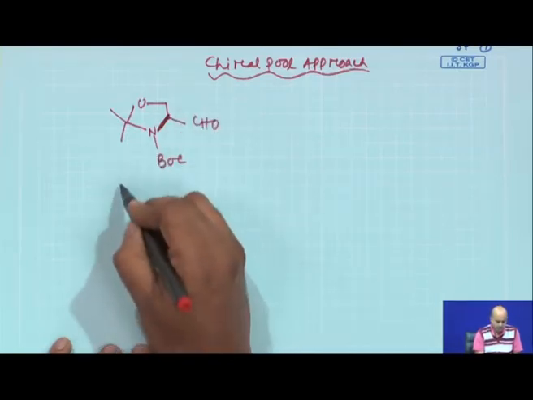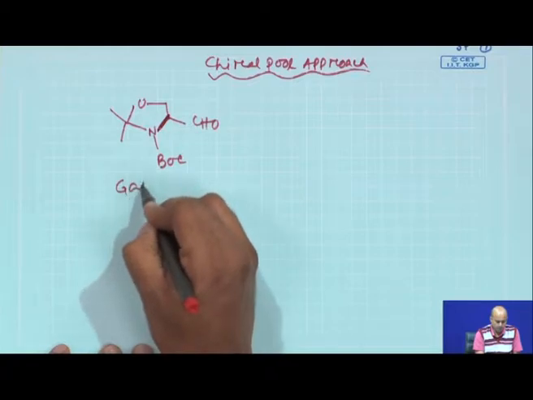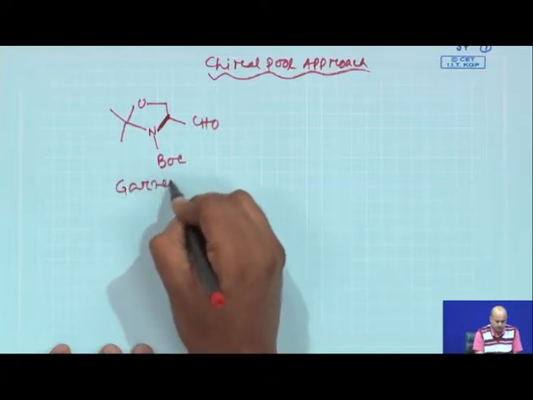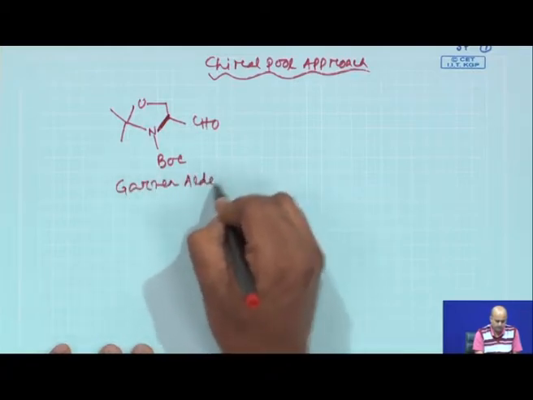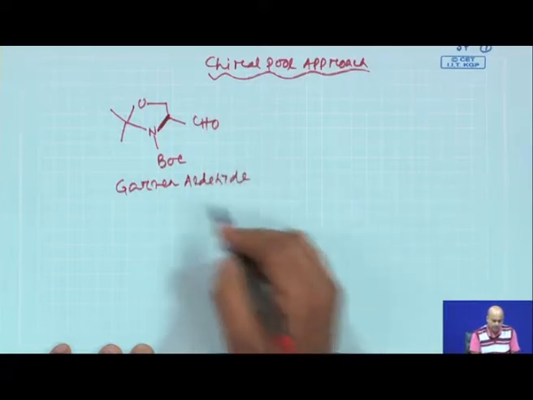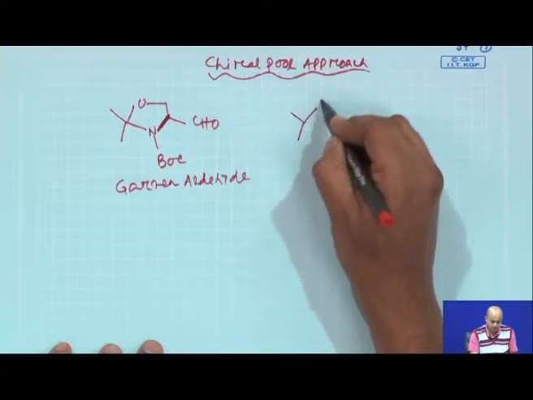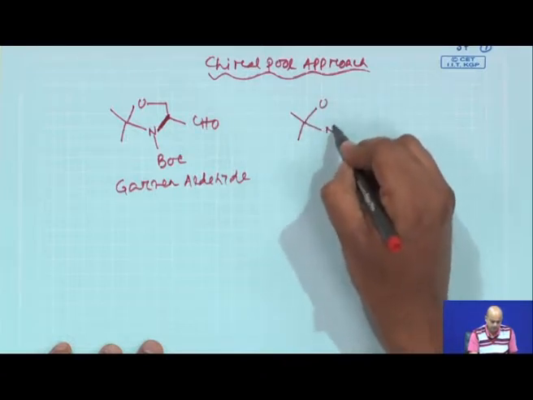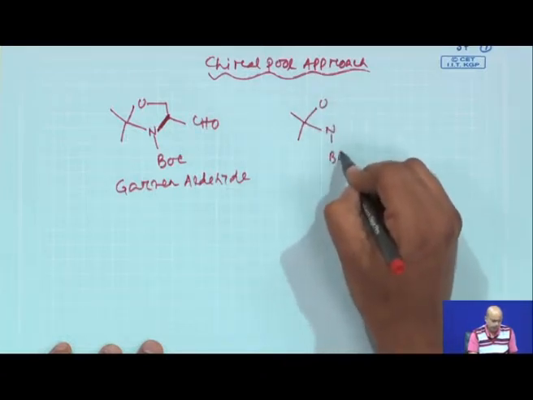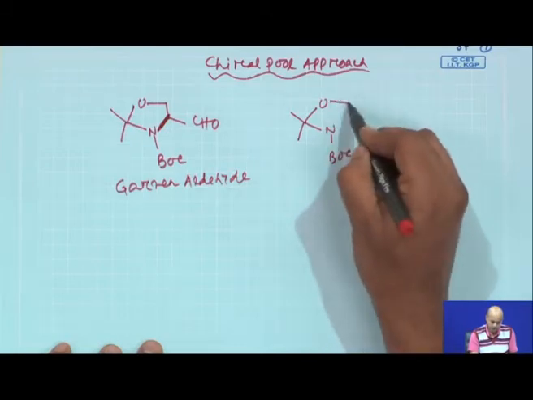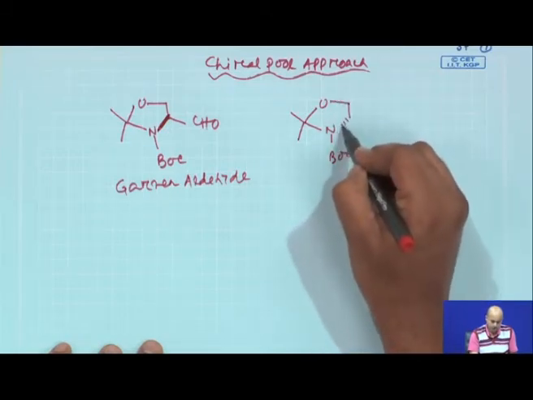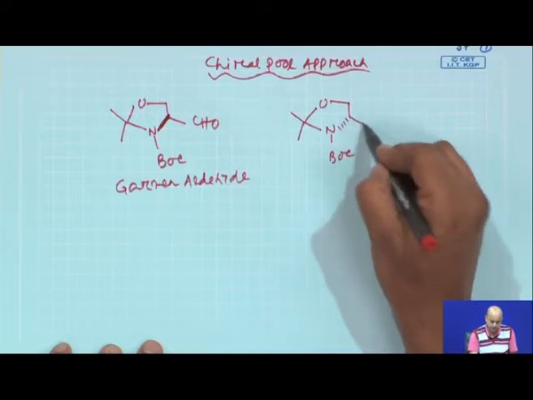This particular compound is a very good building block, its name is Garner aldehyde. Both the enantiomers of Garner aldehyde you can prepare, and you can use those as a very good synthetic intermediate.